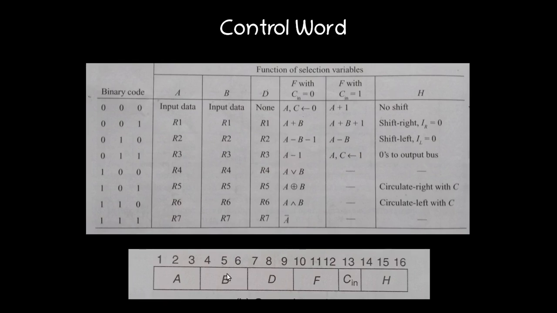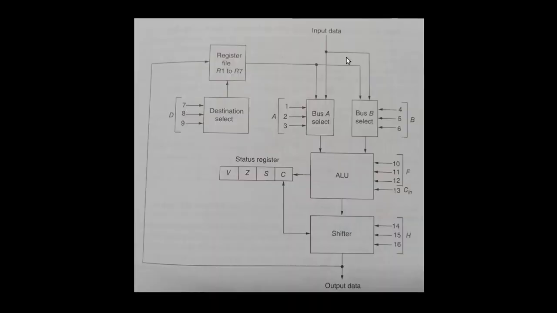So if you are giving 0 0 0 here, then what will happen? Here the A select lines correspond to this one, B corresponds to this one, and D corresponds to the destination select.